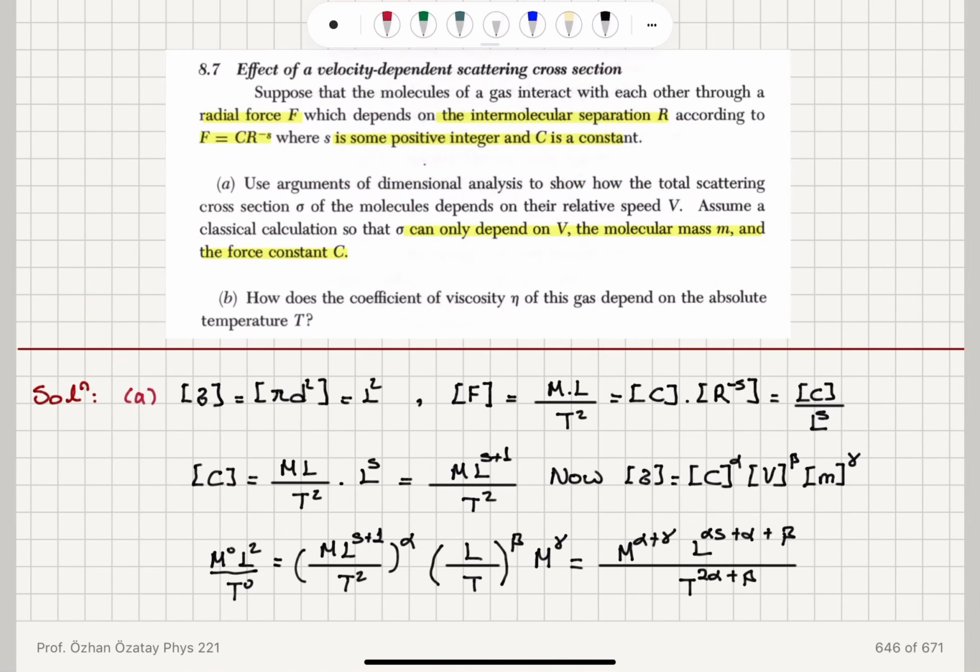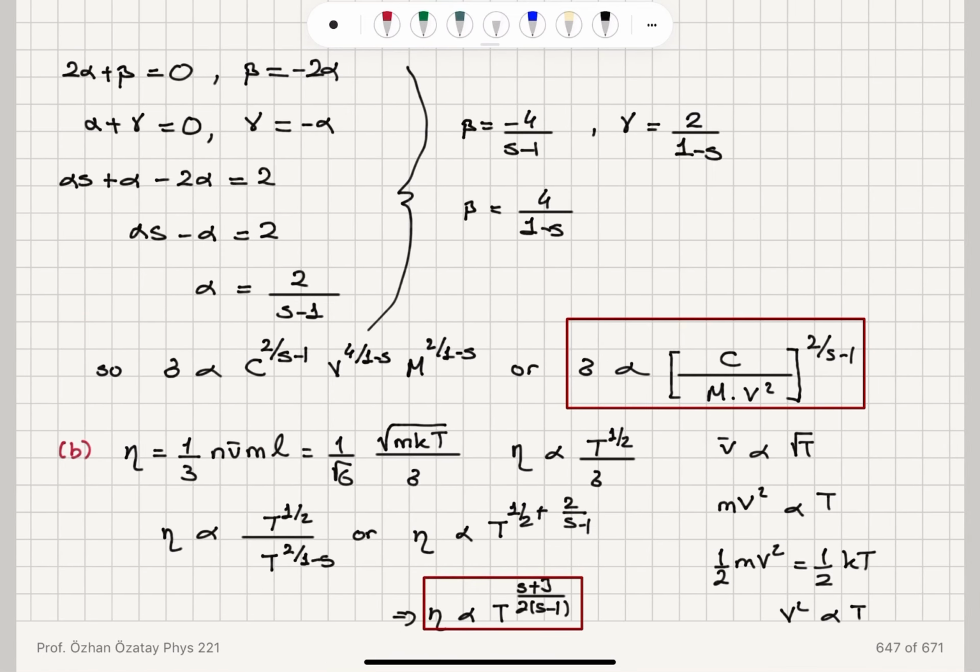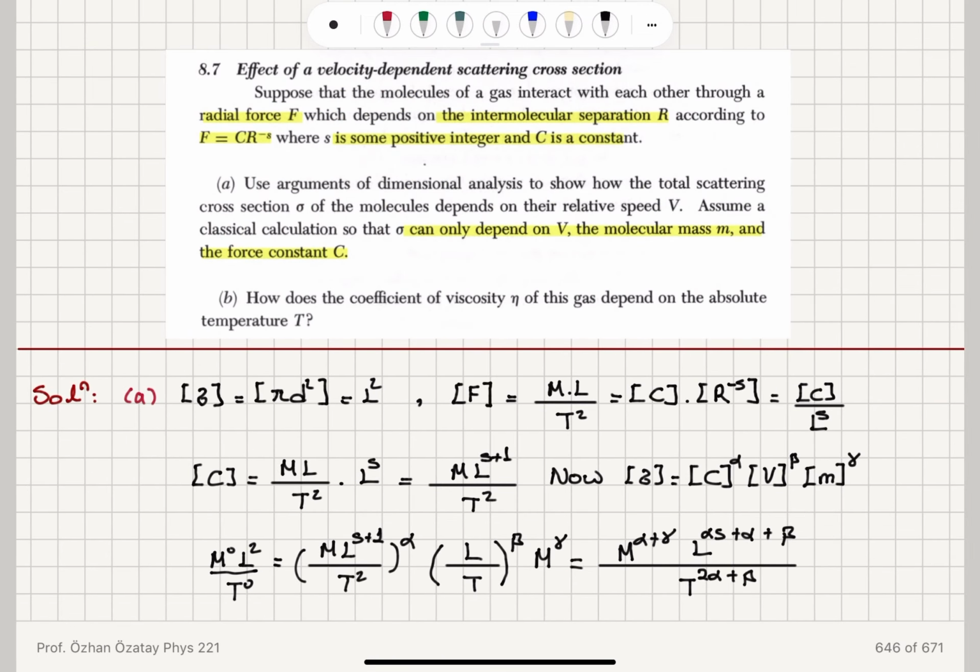Now, the coefficient of viscosity dependence on temperature can be seen using this sigma value. We have already square root of T on top due to v bar, the mean speed of the molecules. Now we have this total scattering cross-section that depends on the velocity.